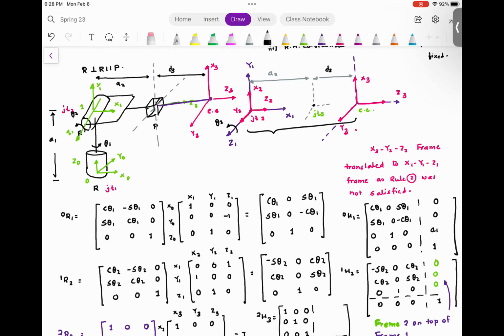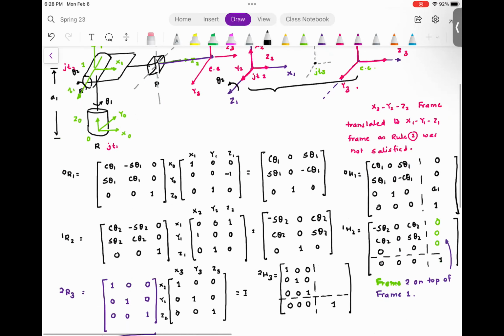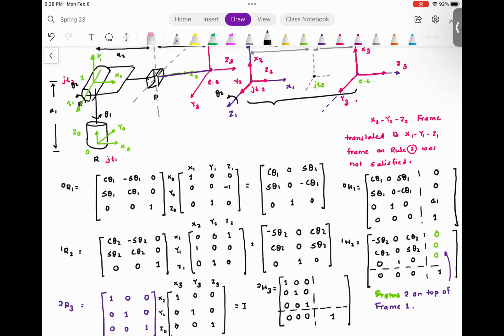Everyone understood this? I repeat this once again, and I want you to understand. In this particular case, even though we translated the frame, the fundamental logic remains the same. Distance between frame 3 and frame 2 along x2, y2, z2.